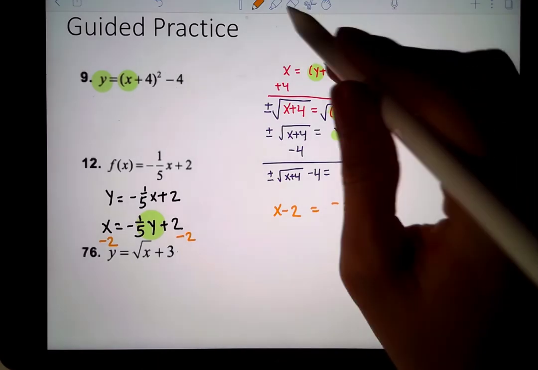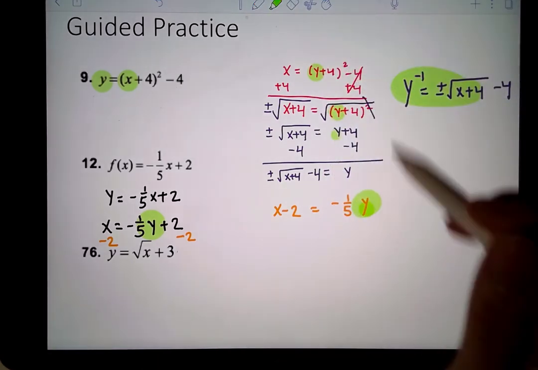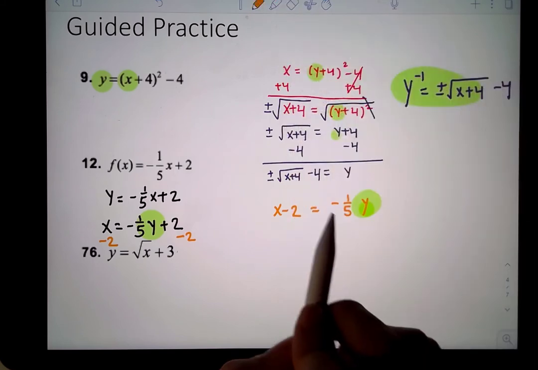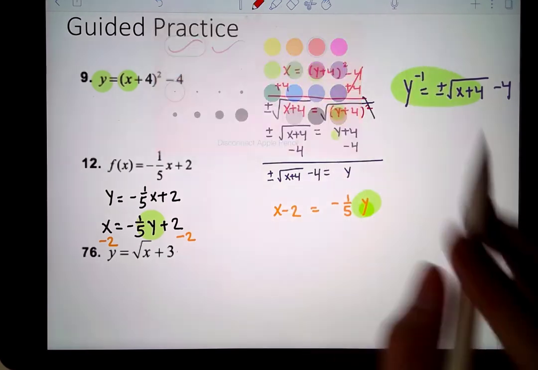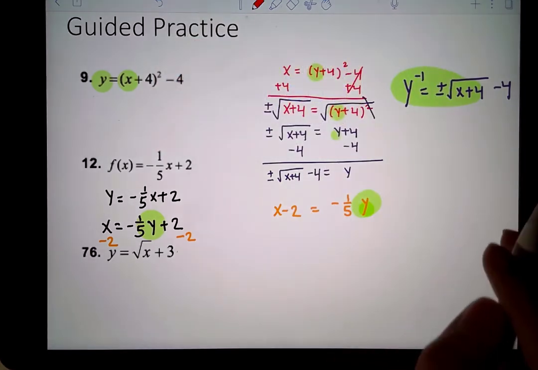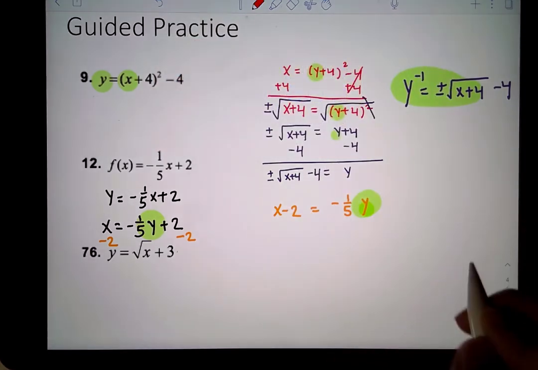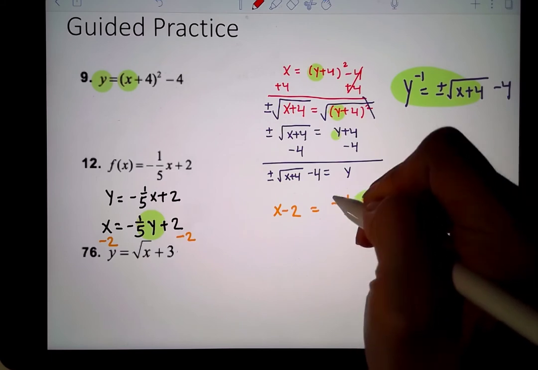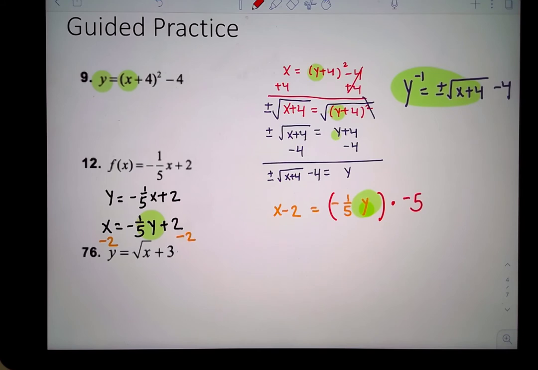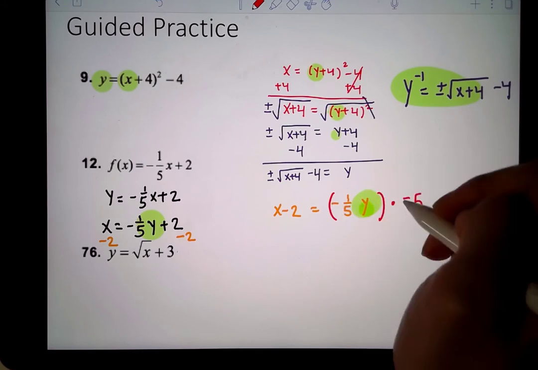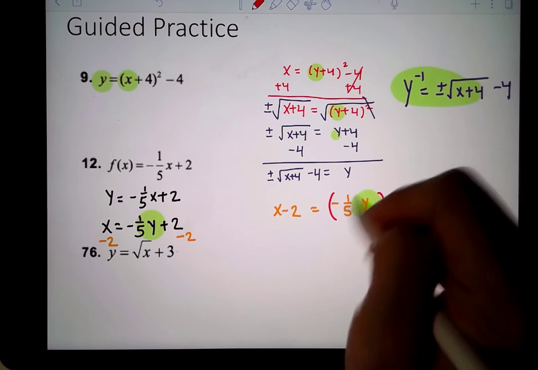Right? And I want to solve it for y. So let's get rid of this negative 1 over 5. What's the opposite of negative 1 over 5, guys? Multiply by negative 5, right? Then negative negative cancels positive, 5 cancels.